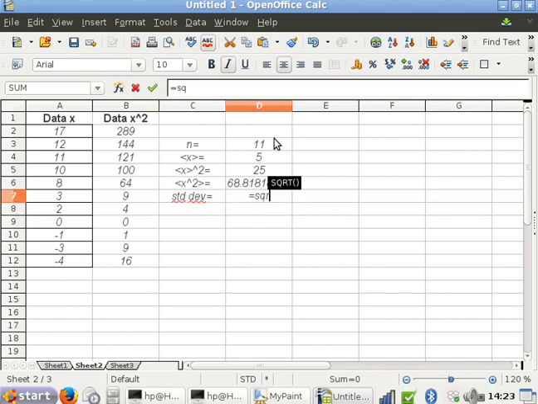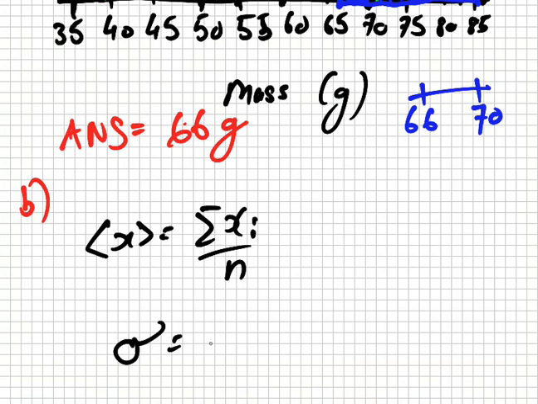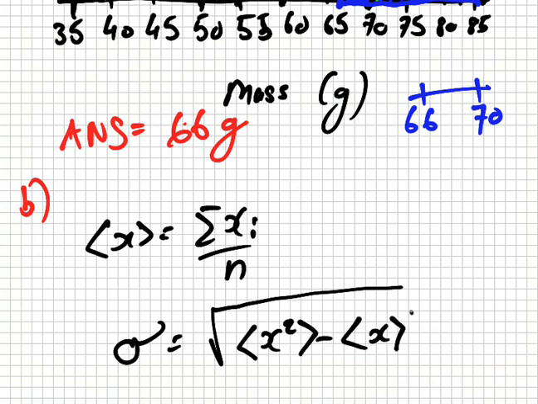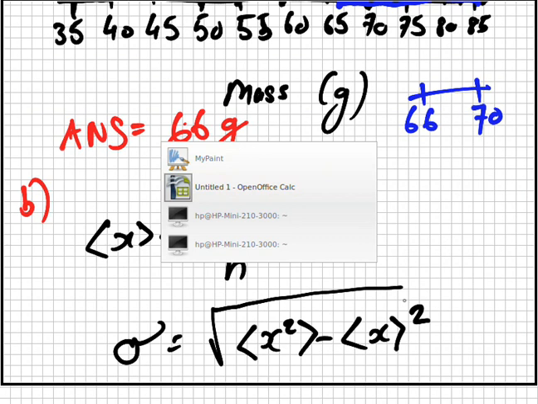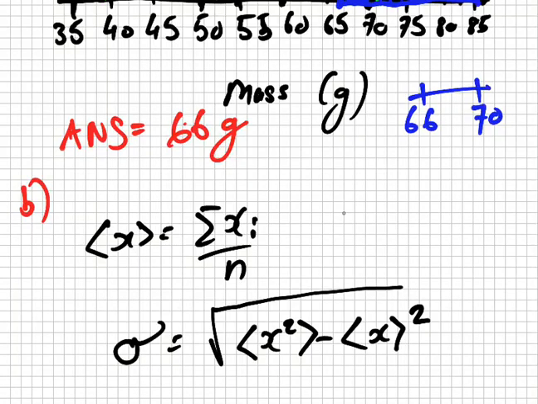It's square root of this number minus this number here. So I'll just write it down here for you. The mean is the sum of the data divided by how many you have, and the standard deviation is square root of this minus this one. So let's see what I get here. 6.62. So I get 5 and 6.62.